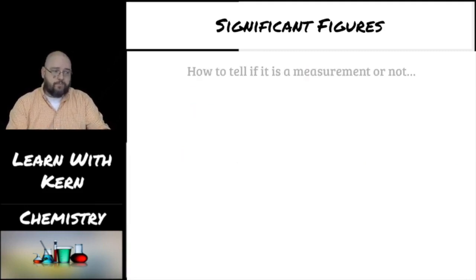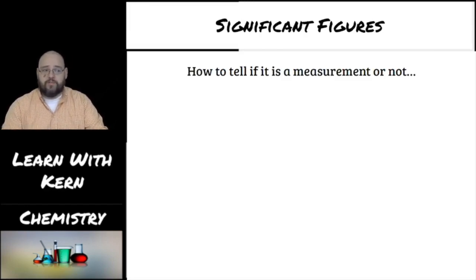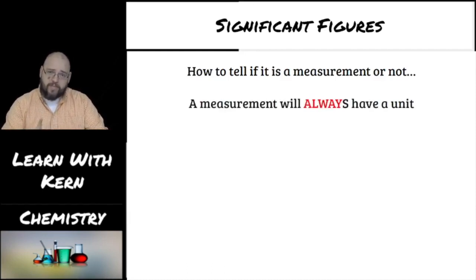Okay. So how do I tell if something is a measurement or not? Because again, rule number 5 tells us that significant figures only matter for measurements and calculations done with measurements. So how do I tell if something is a measurement or not? All right, a measurement is always going to have a unit, always. Because if it doesn't have a unit, it's a meaningless number. In mathematics, we just use numbers to do things.